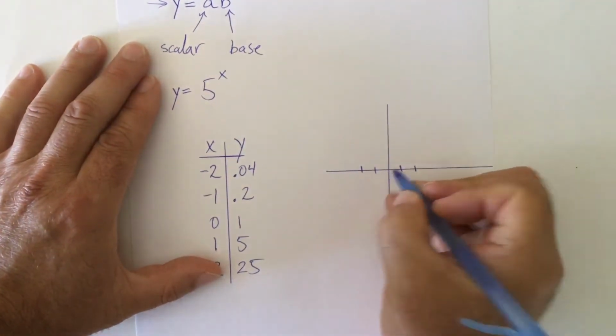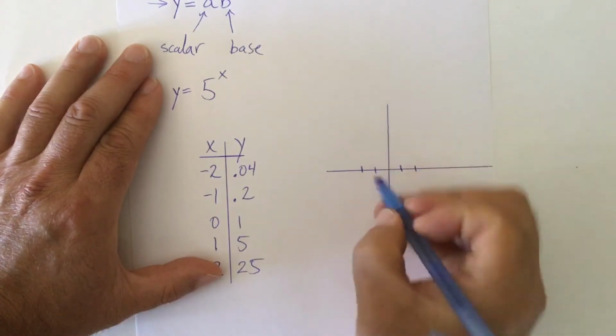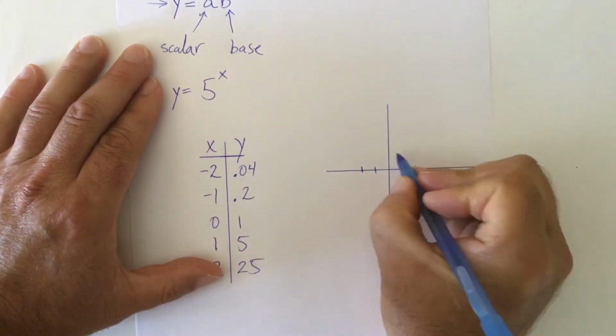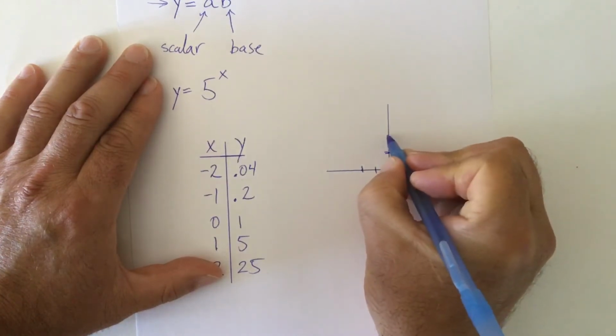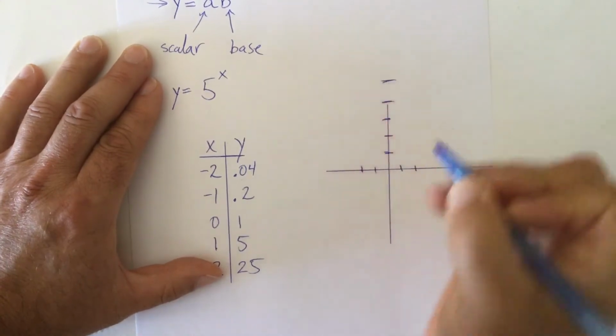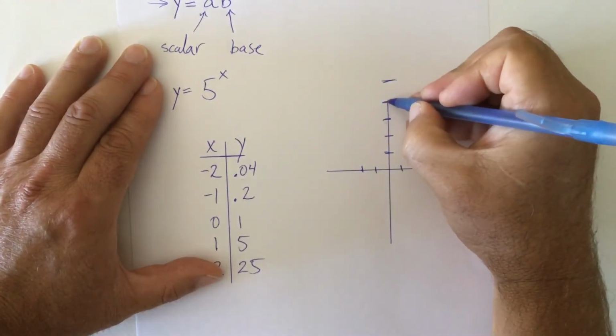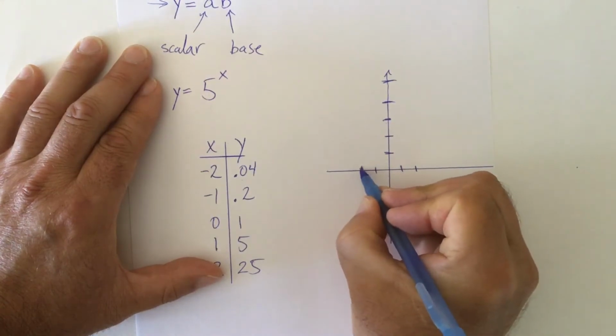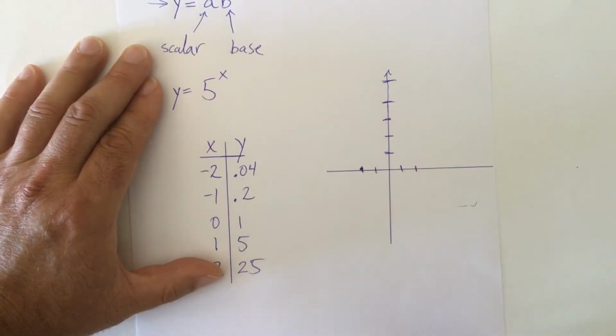When I plug in -2, I get out a very tiny number. Well, if I'm going to graph, let's say that's 1, that's 2, that's 3, that's 4, that's 5, 0.04 would be hugging that line. It would be right on the line.